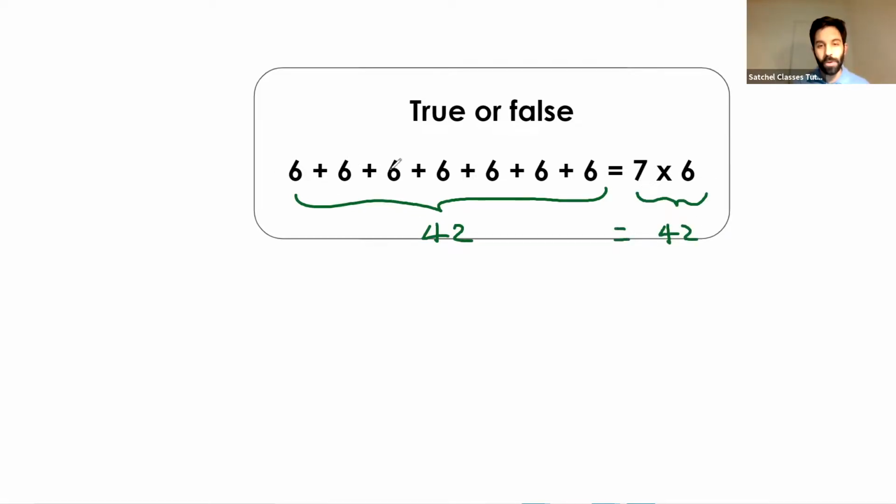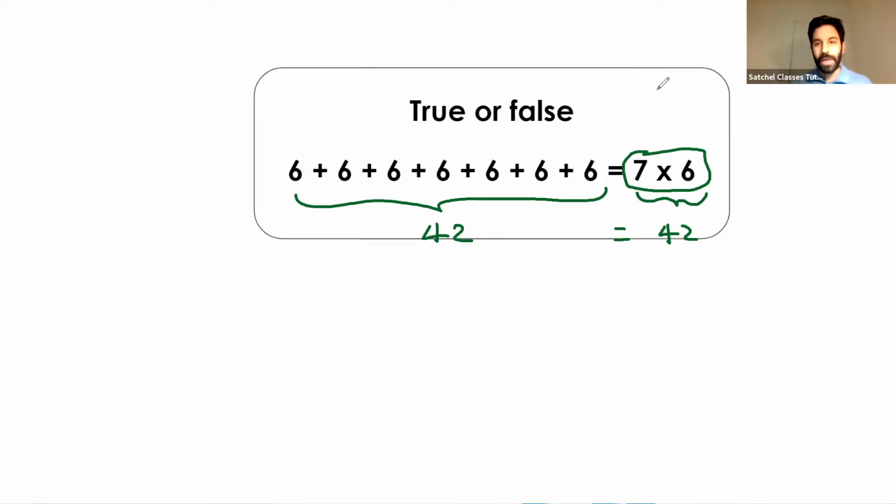So we have 1, 2, 3, 4, 5, 6, 7 lots of 6's. Rather than writing 6 seven times, we can simply write 7 times 6 and make our calculation a lot easier, especially if you had a larger amount of numbers to deal with. So it's very important to understand this concept that addition can be rewritten as a multiplication problem.